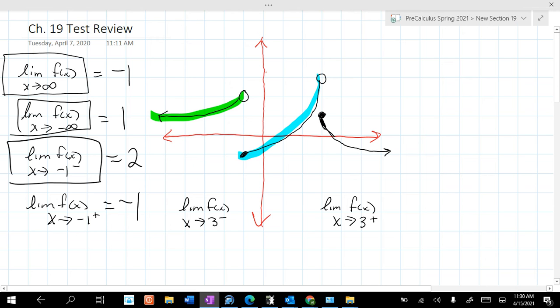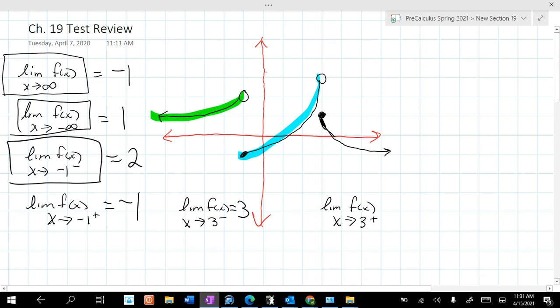Okay, what graph are we talking about when x approaches 3 from the right? 3 from the left. 3 from the left is blue. And what's the y value it approaches? 3.